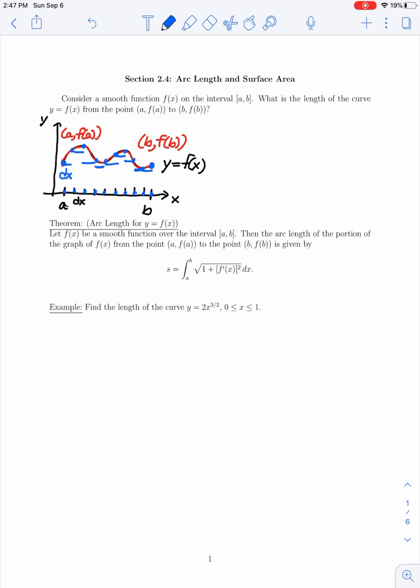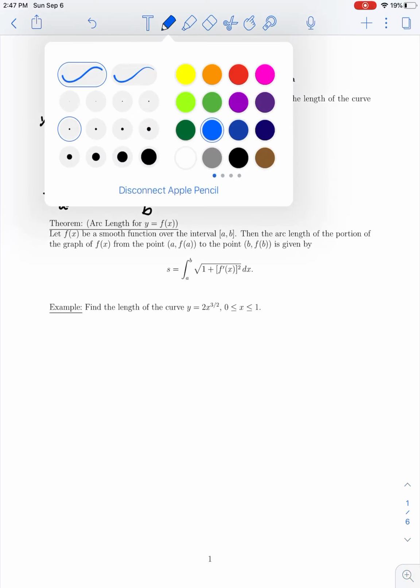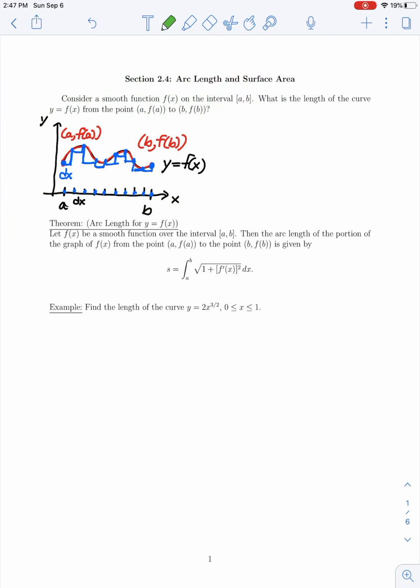And the corresponding change in the y direction for these points is what I'm going to call a differential of y. Let's call the corresponding change in the y direction dy.